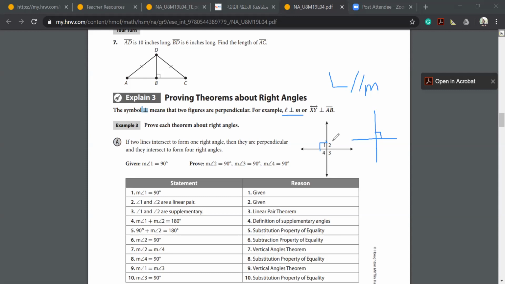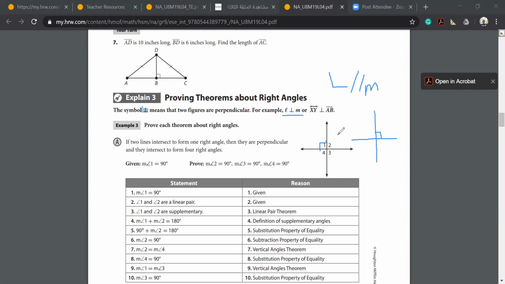So let's go to the figure. Angle 2 and angle 4, they are what together, girls? Can you see the X? We have an X here. So they are vertically opposite angles, right?